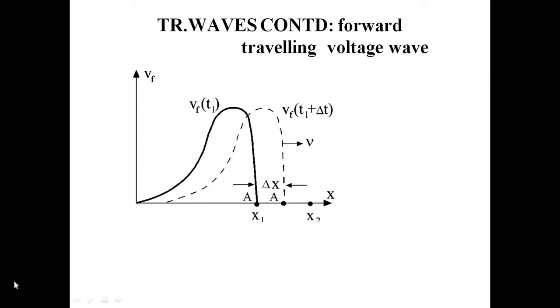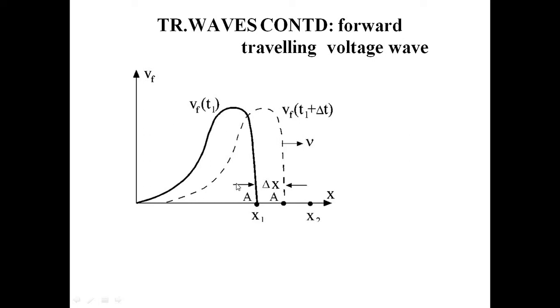Forward travelling voltage wave. In the forward travelling voltage wave, first of all, forward voltage will be represented, with x1, x2 on the x-axis, that means distance, and the y-axis mentioned for voltage.